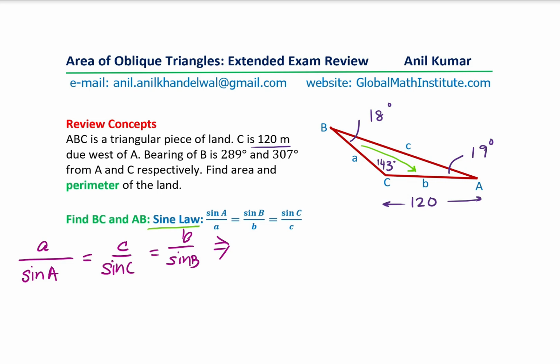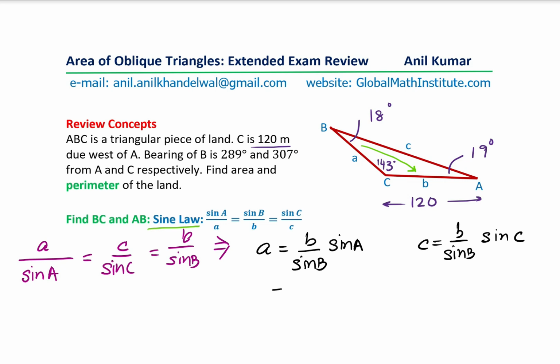So what we get here is we can calculate A will be equal to B over sine B times sine A, and C will be equal to B over sine B times sine C, right?